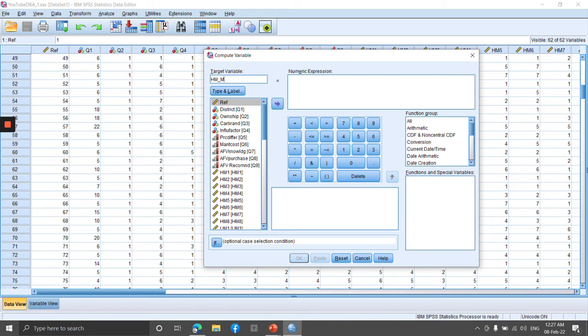Now you go to your right side, take the mean value, just open the bracket and put all the question numbers related to the HM.